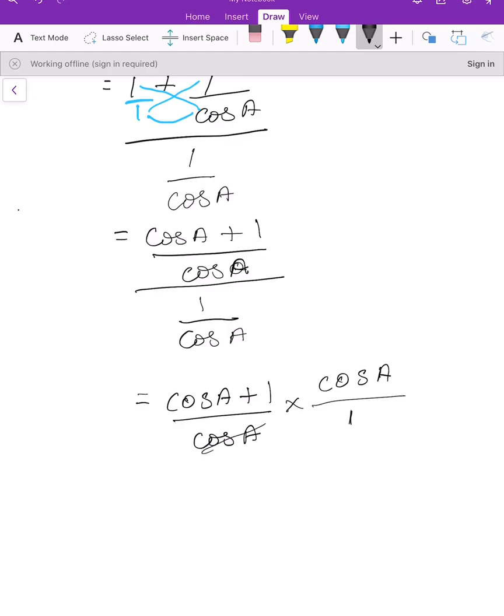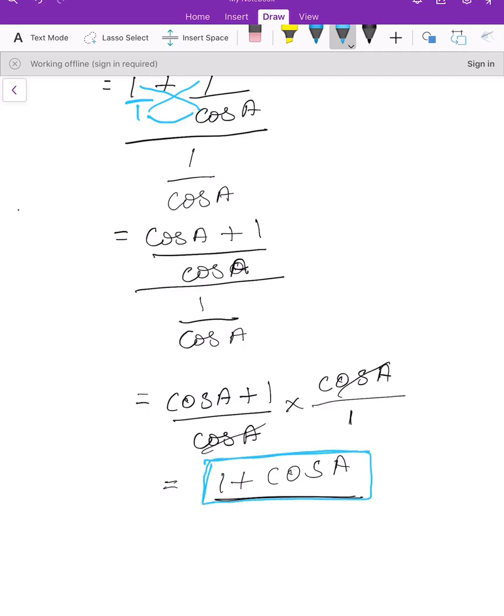This cos A gets cancelled. So it is 1 plus cos A. This 1 plus cos A, I cannot do anything because it is 1 plus cos A. If it were cos square A, I might have changed it into sin square A, but I cannot do anything here.